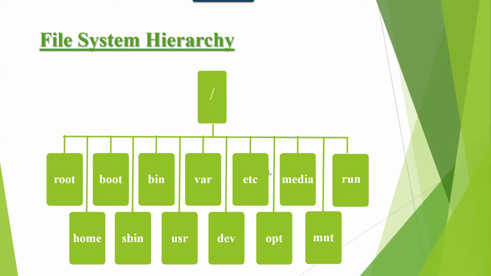ETC contains configuration files. OPT contains optional applications, applications which we install manually. They are not compulsory to install, but if we want, we install some software. Like Maya, Photoshop, VMware, Cisco Packet Tracer, Oracle, like that.